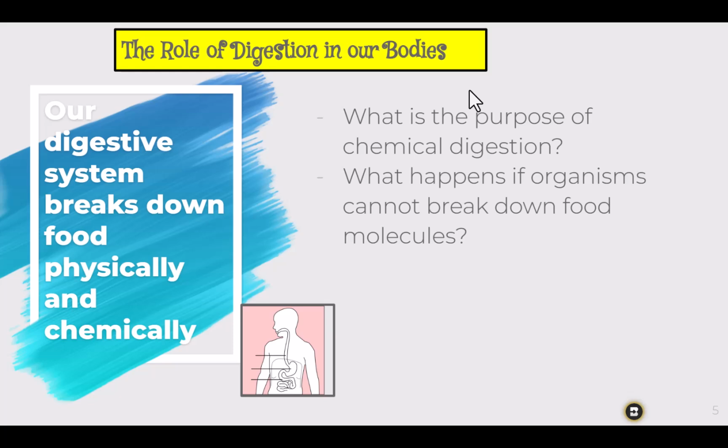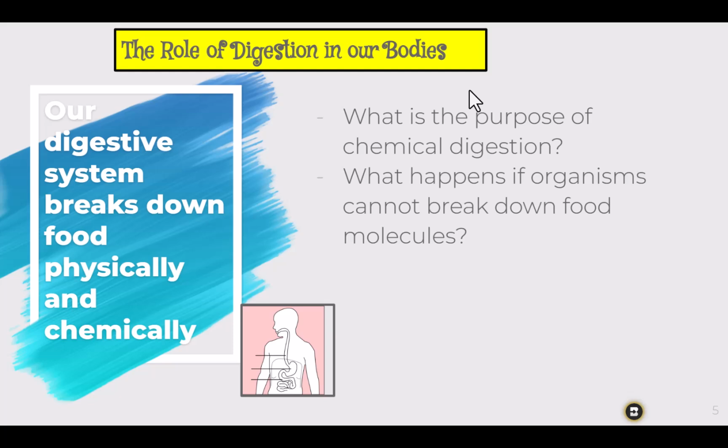Instead, that food needs to be broken down into usable subunits that will diffuse into our body cells. And those subunits, those small food molecules, will have chemical reactions inside of our cells to produce energy.